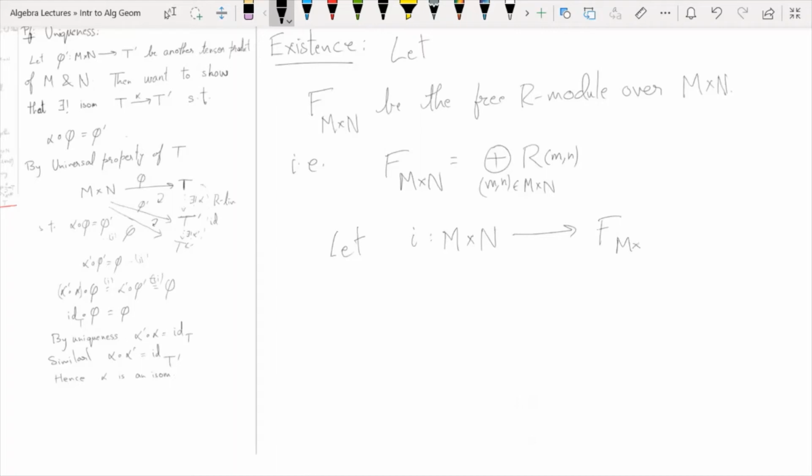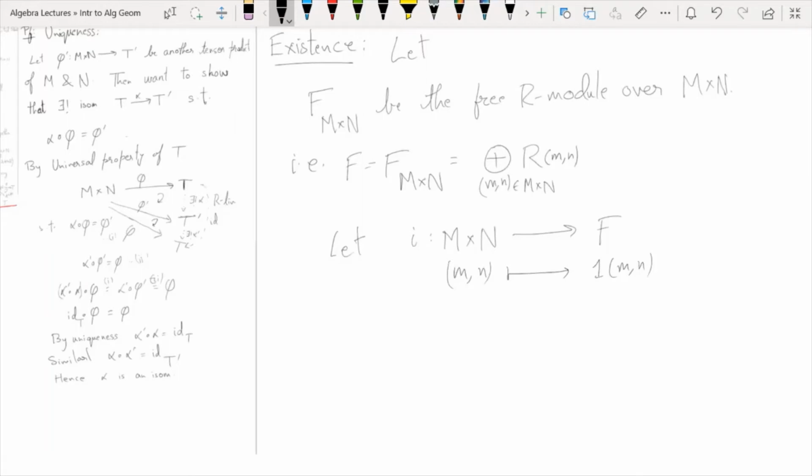Maybe I'll just call it F instead of F(M cross N), so that is easier to write. And the map sends (m, n) to 1 times (m, n) in this notation. In terms of functions, it sends (m, n) to a function which sends (m, n) to 1 and the rest of the elements to 0.